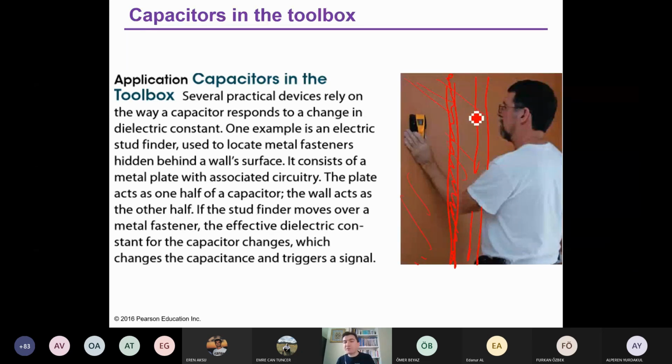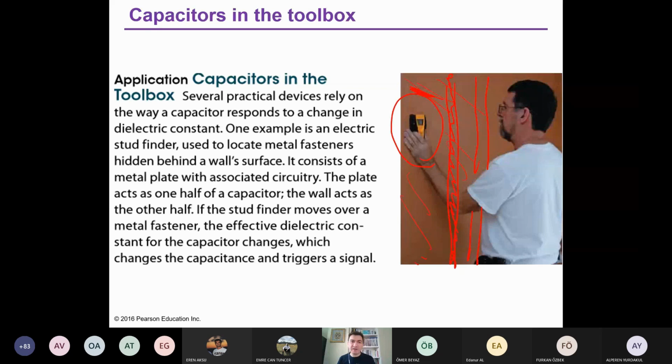But before opening a hole, you would like to learn what you have within the wall, and you can check this by using this tool. So what is this? Let me explain the application of this toolbox.